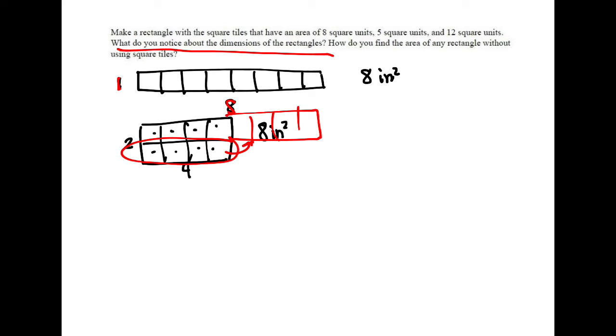1 by 8 multiplies to give you 8. 2 and 4 multiply to give you 8. Does it work with the 12? Let's find out. Okay, so 12. We have 1 by 12, and I'm not going to draw each individual one. 1 by 12.